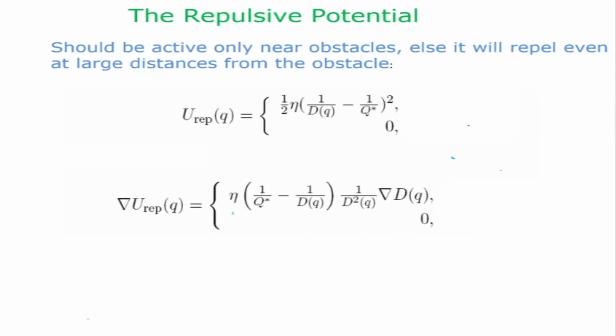The repulsive potential U repulsive is defined as half eta into 1 by d minus 1 by q star, where q star is the effective distance. So q star is the distance where the repulsive force becomes effective.